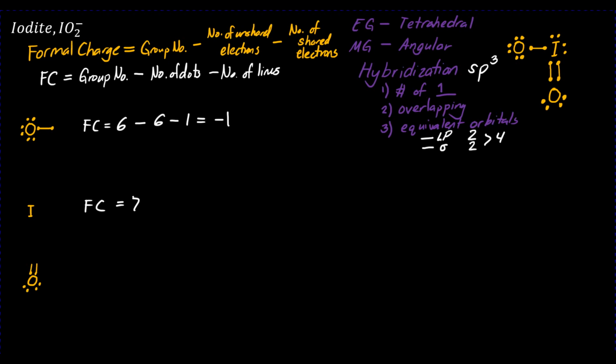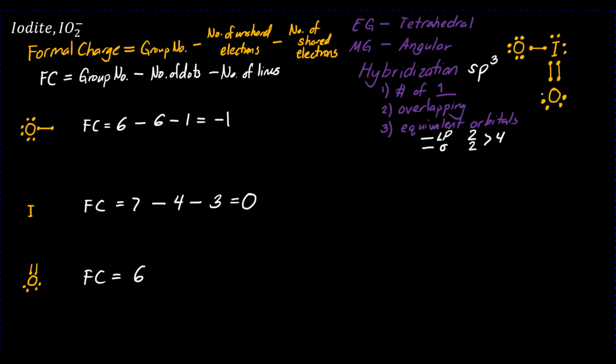For iodine, group number 7. Number of unshared electrons, 1, 2, 3, 4. Number of shared electrons, 1, 2, 3. 0. 0 formal charge. Here, once again, oxygen is in group 6.